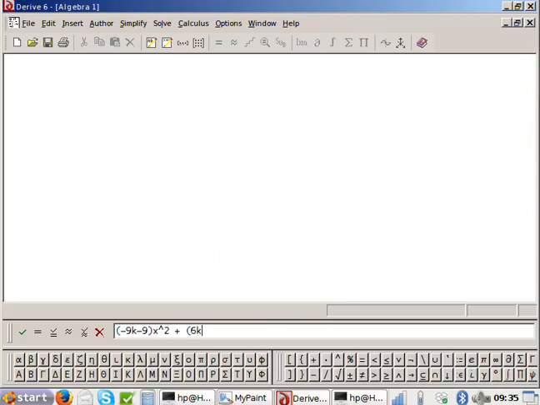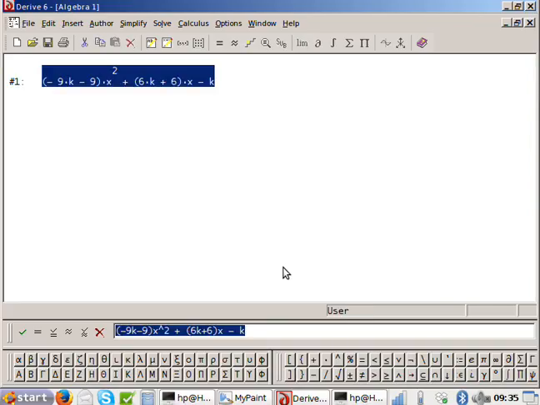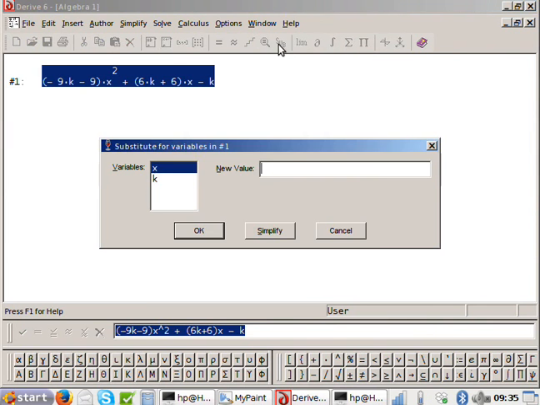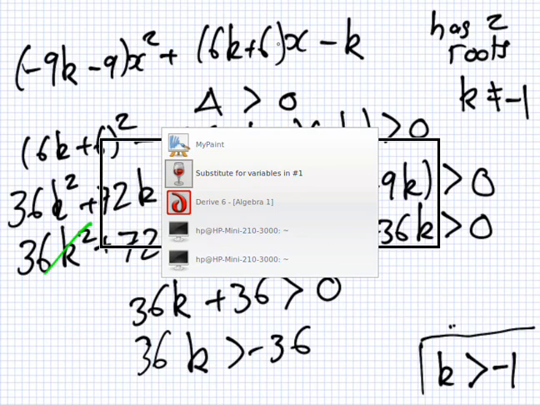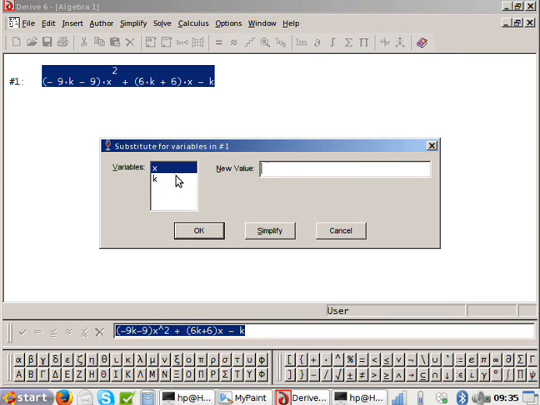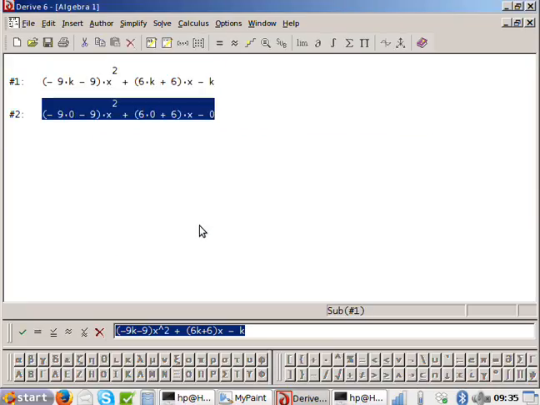So this one here: minus 9k minus 9x squared plus 6k plus 6x minus k has two roots.